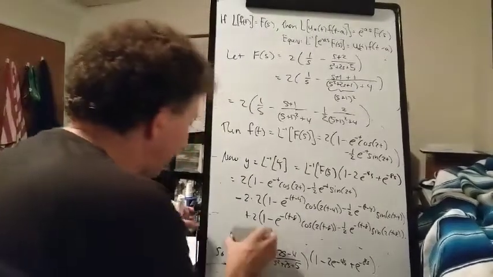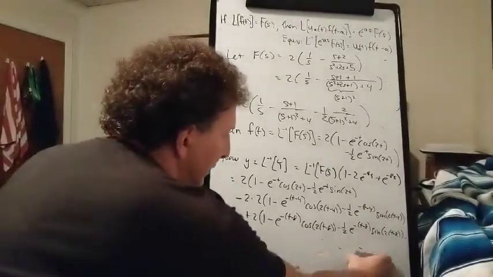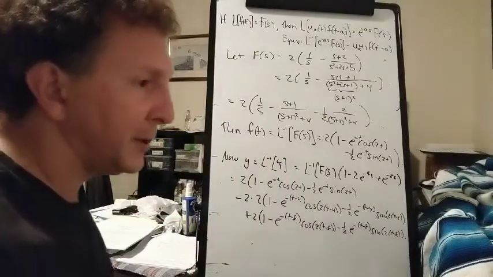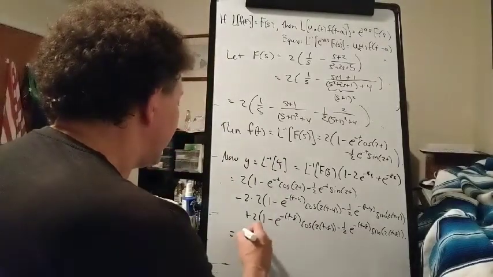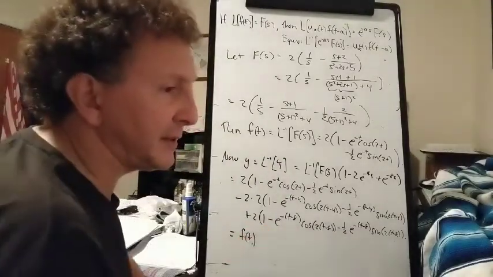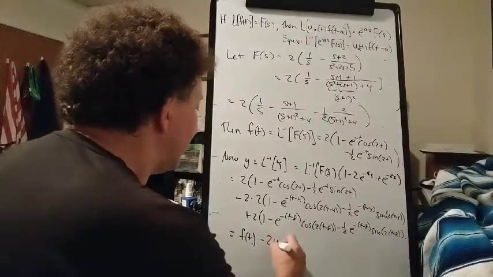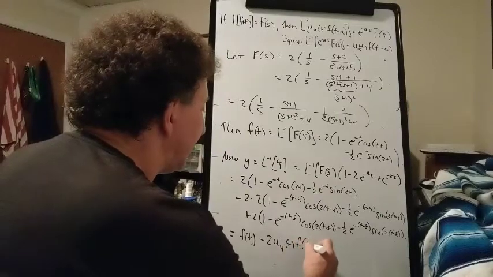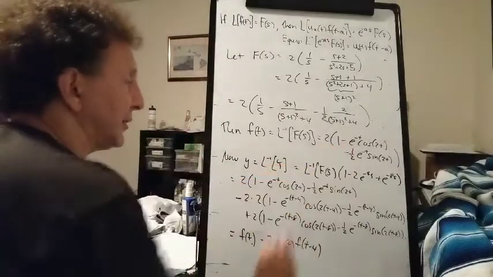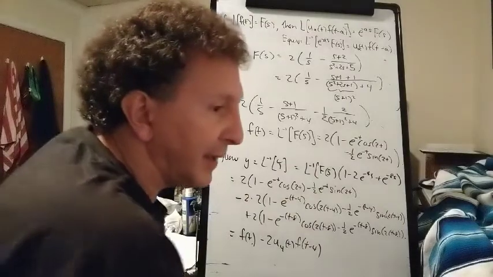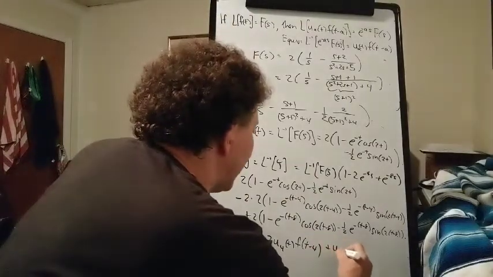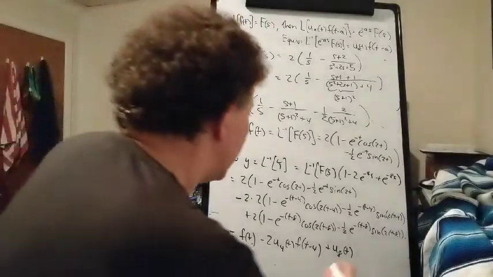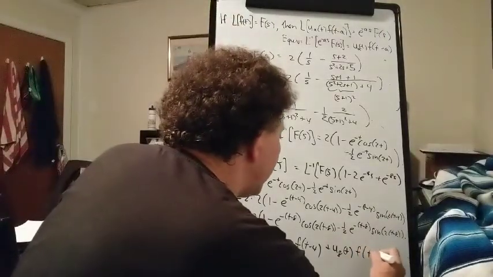And in case it's helpful, let me rewrite this. It doesn't simplify much more than that, but let me rewrite this as, so what we did is we got f of t minus 2u4 of t f of t minus 4, so that means plugging in t minus 4 for all the t's there, and then plus u8 of t f of t minus 8.